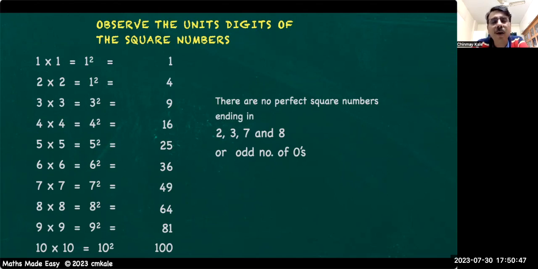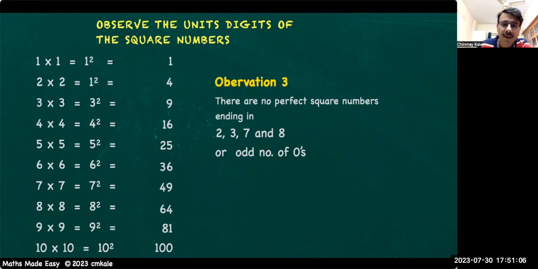In fact, they are always imperfect squares. And that includes numbers which end in an odd number of zeros, because if you square a number ending in 0, it always results in an even number of zeros.